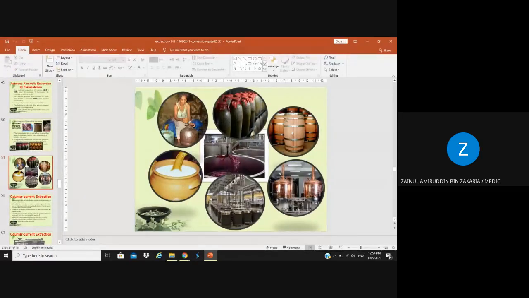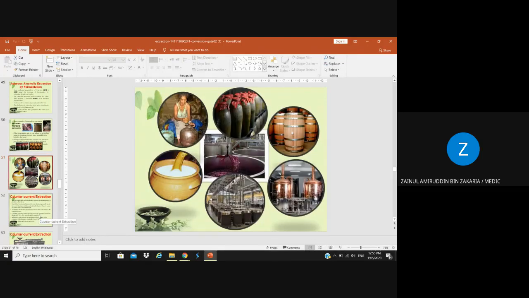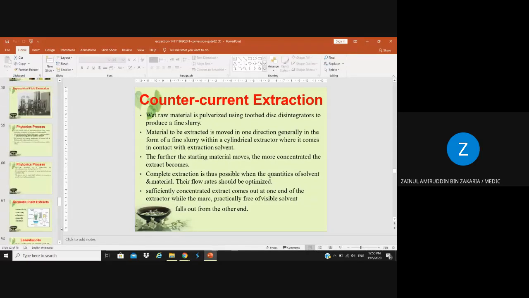Okay, this is the big scale process. Fermentation, big scale fermentation process. So these are explanations for some of the modern methods. You can read through.